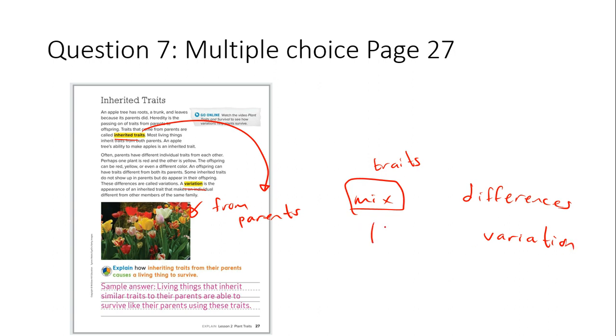So, you will always look like both parents. So all living things that are made of two parents have a mix of their traits and they will look like both their parents.